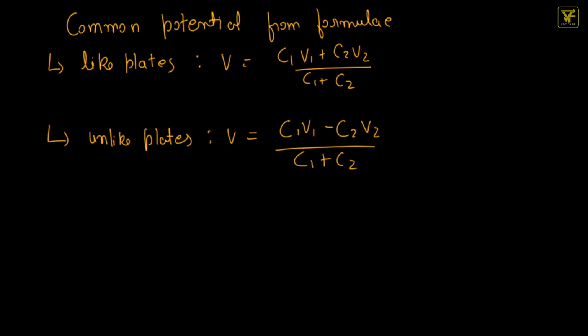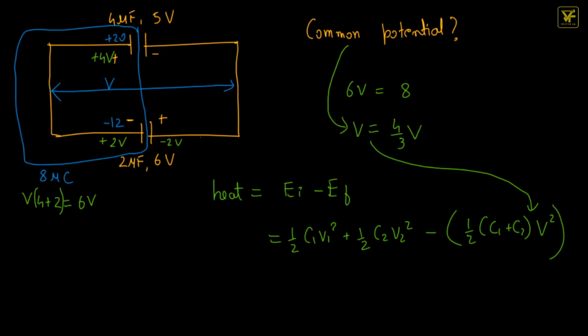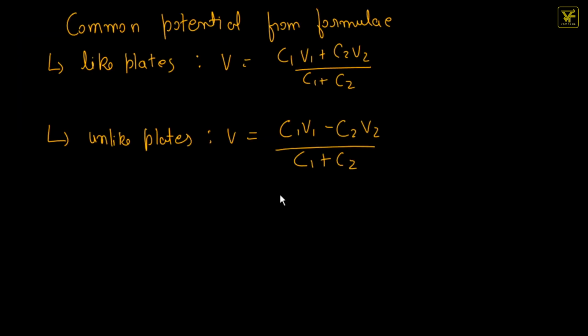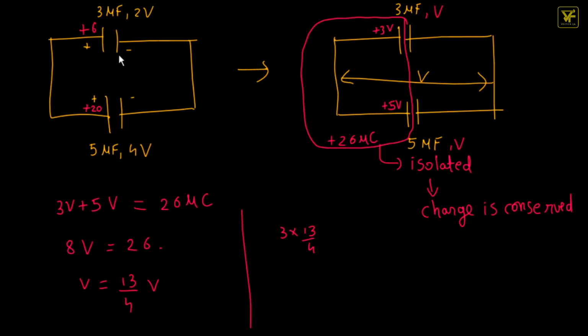But if you think about it, you don't even need to remember this formula if you know this method, which is how the formula is formed. In the like plates example, let's take this one. In this example, C1 V1 was the charge on the first capacitor, that is 3 into 2, and C2 V2 was the charge on the second capacitor.